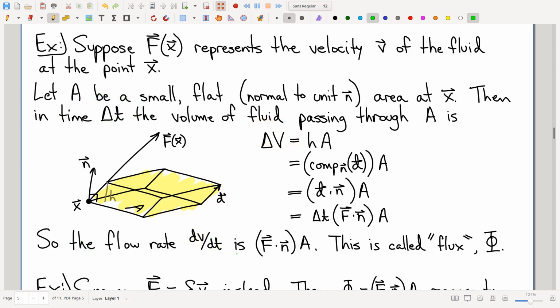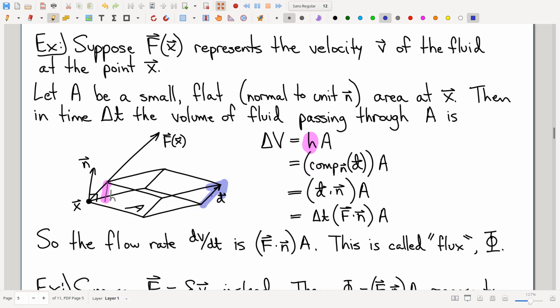The volume is this height times this area. Height times area gives me volume. The height there relates to what I'm going to call the displacement vector. Let's talk about this displacement vector. Keep in mind the fluid is actually flowing with a given velocity for a given amount of time.